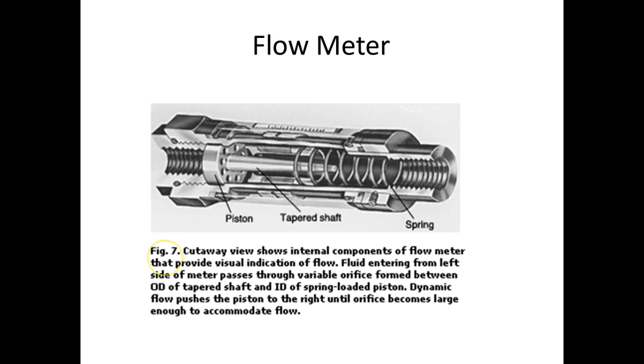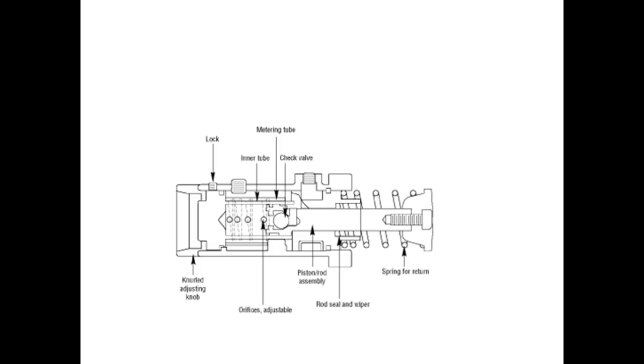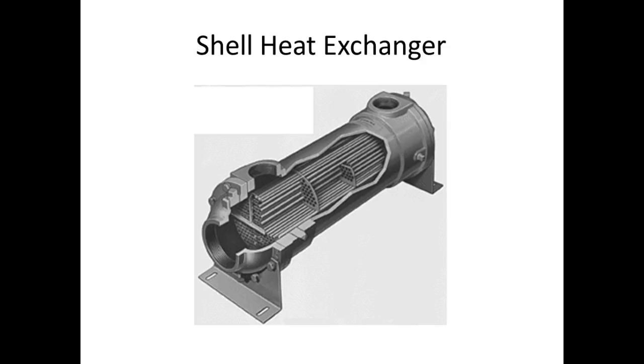If we had a flow meter, we could do basic calculations on the speed of the cylinders. If we don't know the flow, there's no way to figure out the speed. So we don't have any flow meters over there.